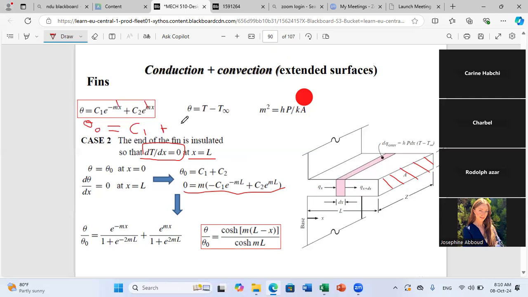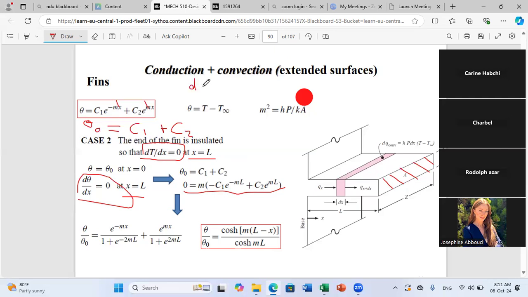What is different now is that instead of saying at x equal infinity, I have a flux of 0. In this case, I have at x equal L, d theta by dx is equal to 0. And you know this is theta. So what is d theta by dx?